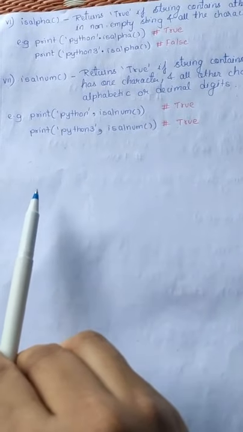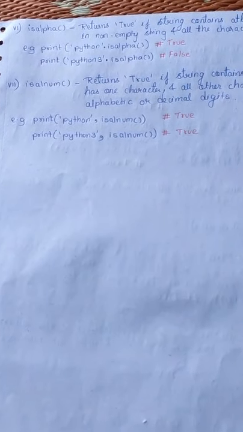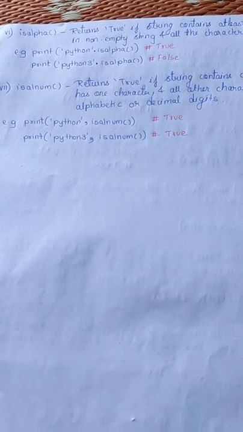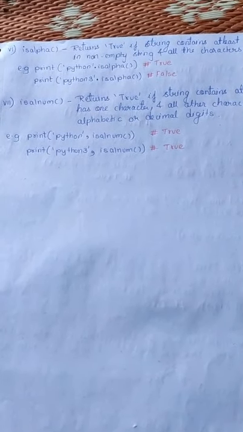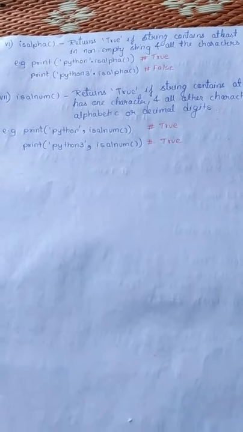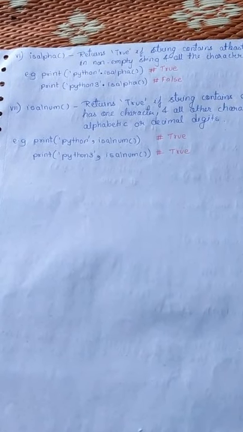These comparison functions are checked when you are inserting data in forms. For example, when you are filling your examination forms and you are asked to enter your mobile number, specifically you should have integers to be inserted.